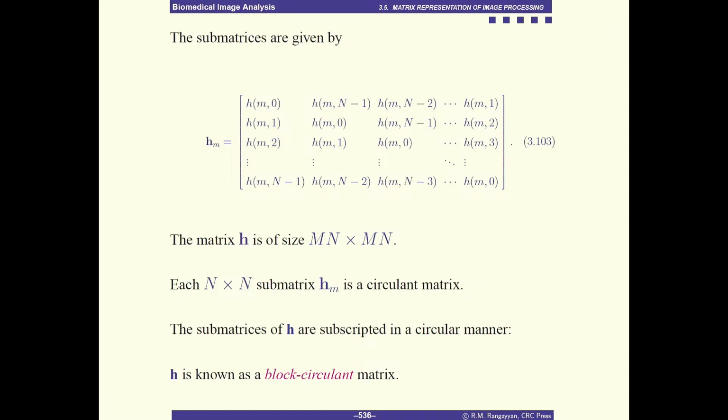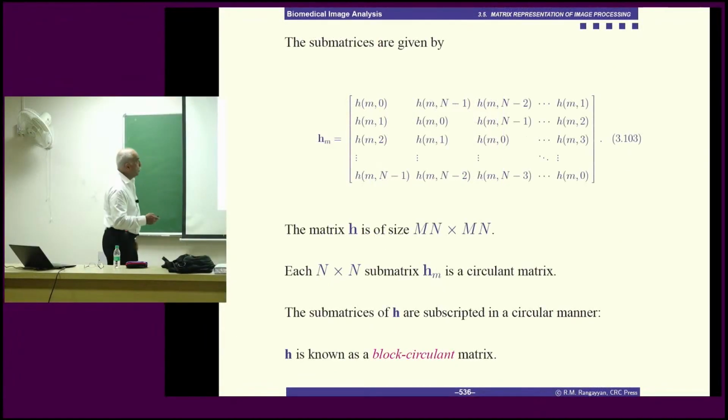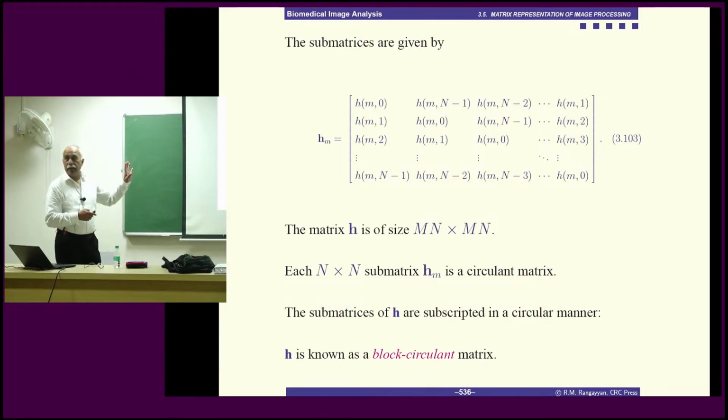It is not circulant by itself, but there are blocks that can be shifted and subsequent rows are formed that way. So it is a block circulant matrix, but this is circulant. So this is formed using the mth row and all the columns of that impulse response. The same Hm, different elements. Okay?